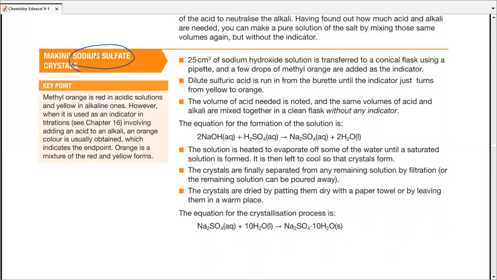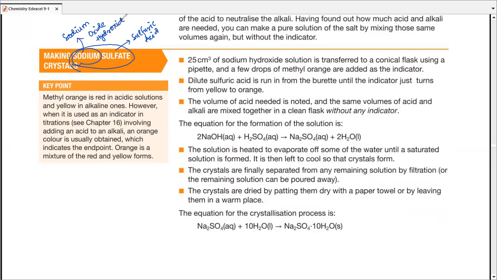As soon as you see the name, I hope you understand you need to use sulfuric acid, as this is a sulfate salt. As soon as you see sodium, I hope you understand you cannot really use the metal sodium since the reaction is going to be too violent. So either you need sodium oxide or you need sodium hydroxide.